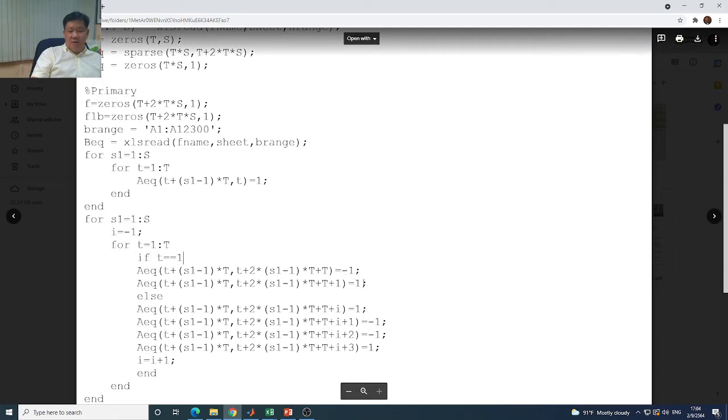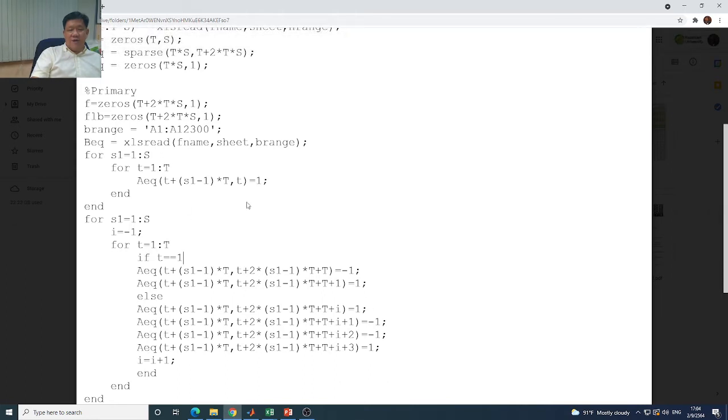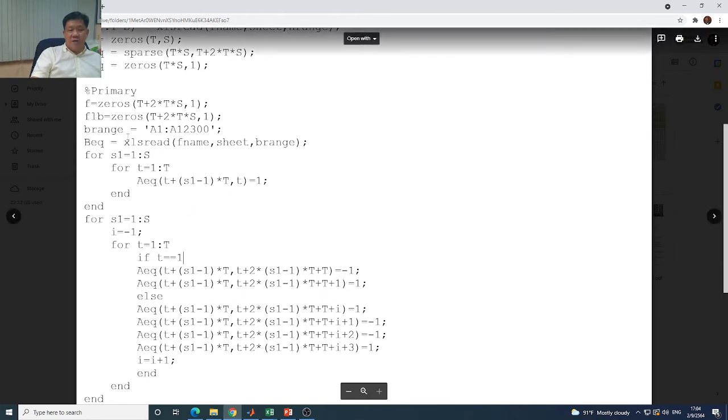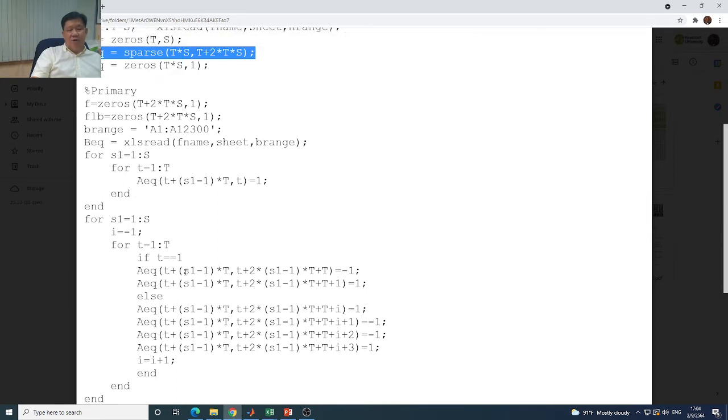Okay, you can see minus 1, 1, minus 1. They just put all the coefficients in the right location, and we didn't assign the 0 because in the first place we already declared AEQ and BEQ as sparse, especially A. So whatever position we didn't put a value on, they will automatically set that element in the matrix to 0.